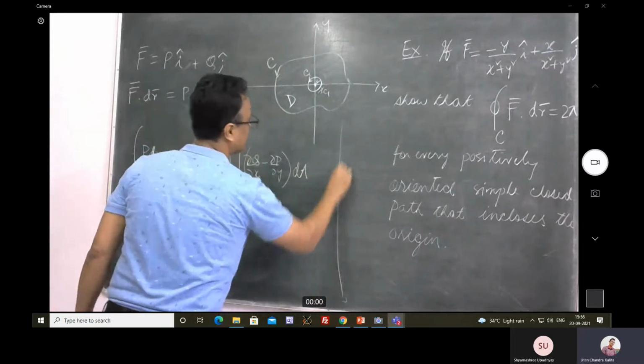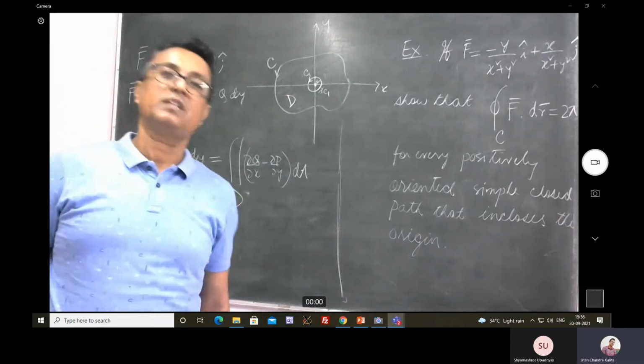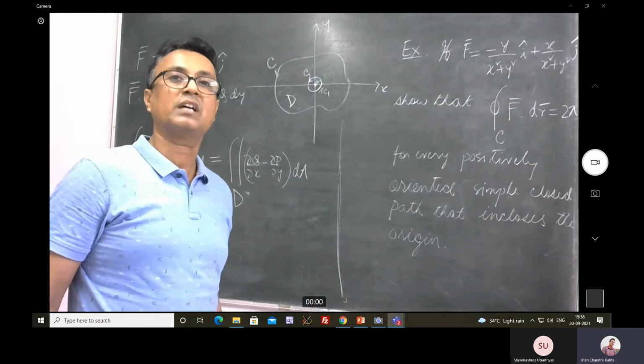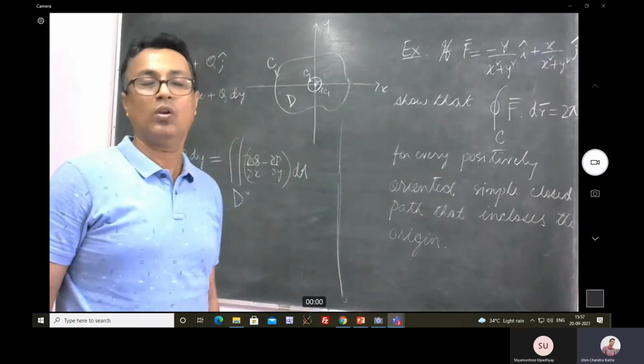This is by what we derived previously, Green's theorem for a multiply connected region, because this now becomes a region with a hole.